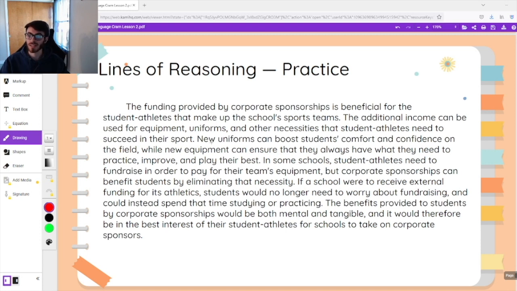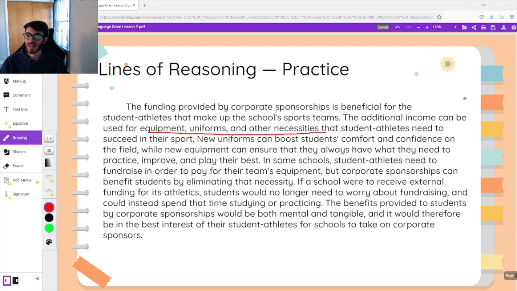Now I'm going to explain why this is evidence for that claim. New uniforms can boost students' comfort and confidence on the field, while new equipment can ensure that they always have what they need to practice, improve, and play their best. So I've taken the evidence, about how additional income can be used for equipment, uniforms, and other necessities, and now I've explained with my commentary why that supports the claim.